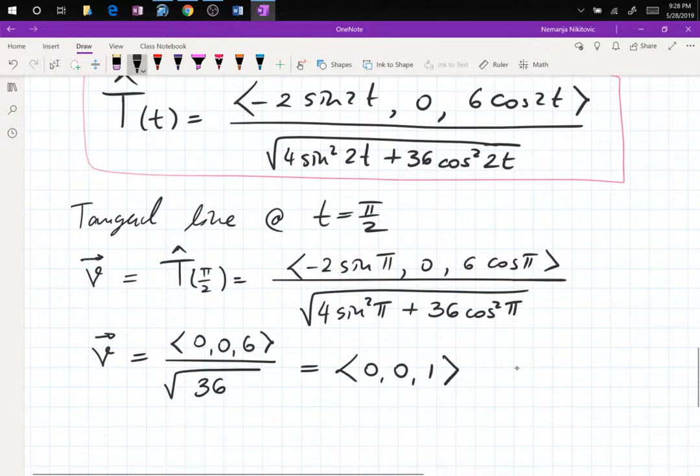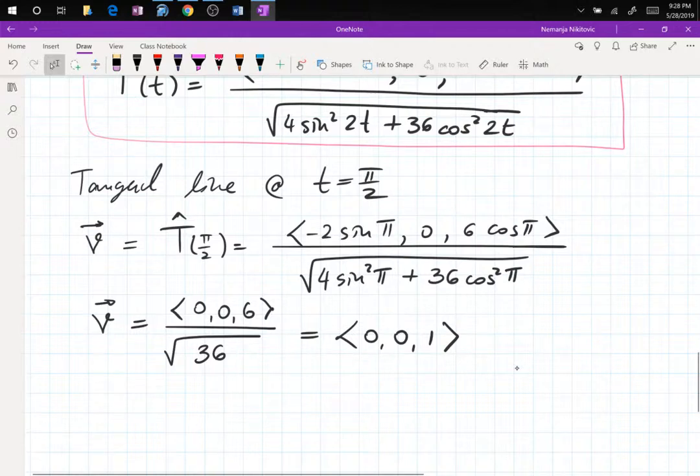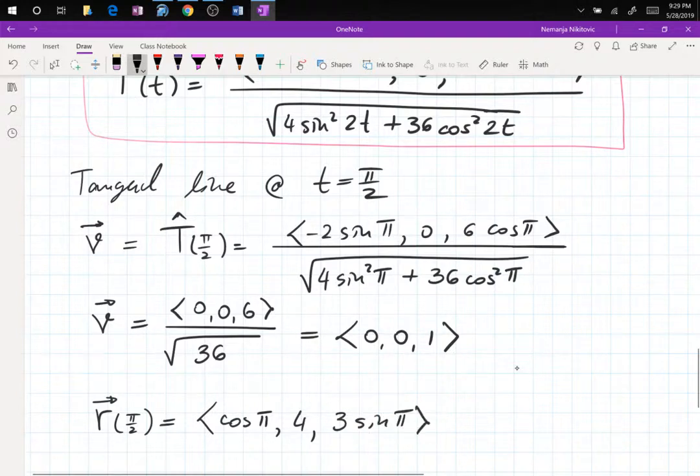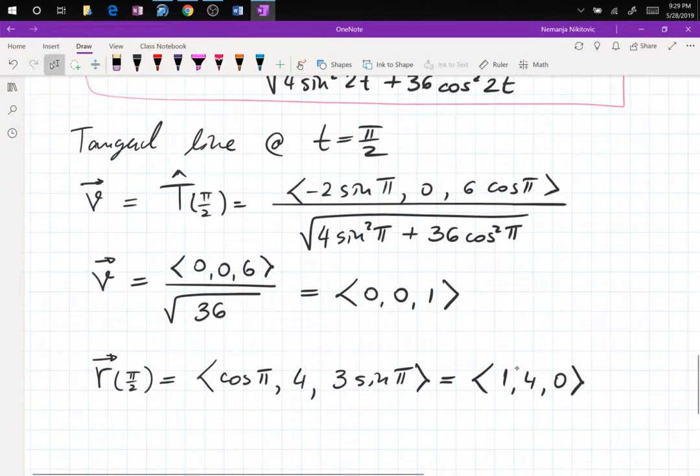Now, to calculate the point at which we are getting all of this, we have our r calculated at pi over 2. So that's going to be cosine of pi, and then 4, and then 3 sine pi, which gives me the vector 1, 4, 0, which has a terminal point for the location 1, 4, 0.